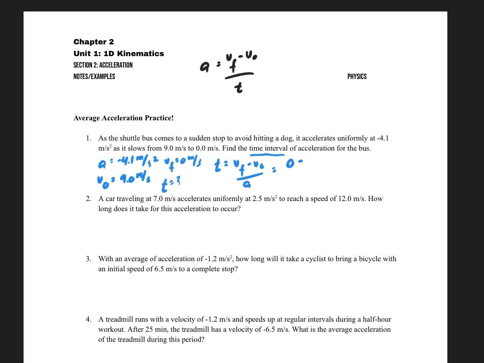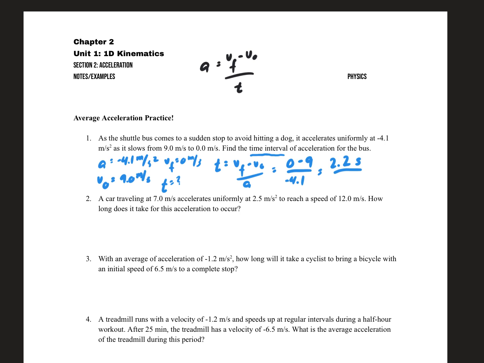My V naught is 9. And my acceleration rate is negative 4.1. So when I plug that in, I should get about 2.2 seconds that the bus accelerated for.